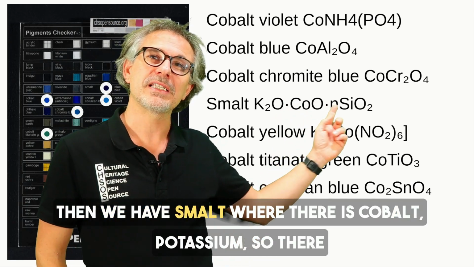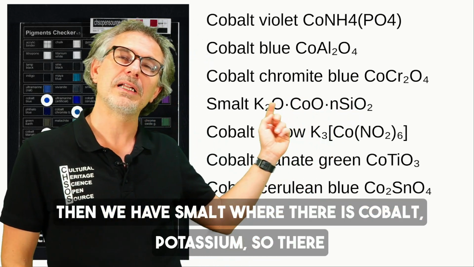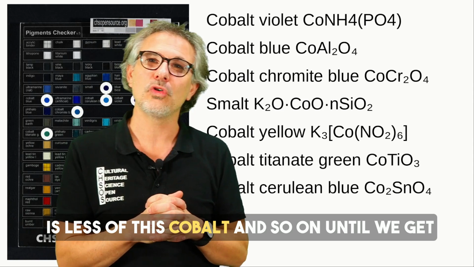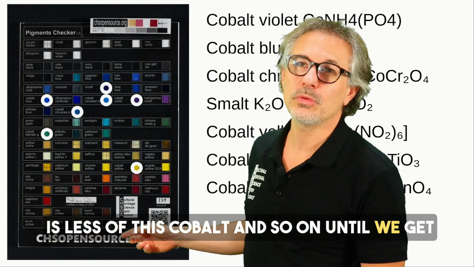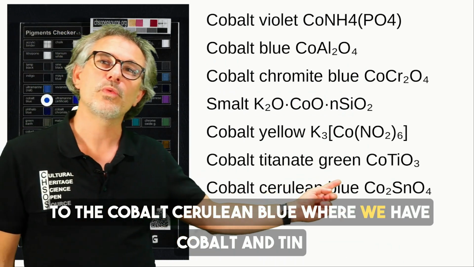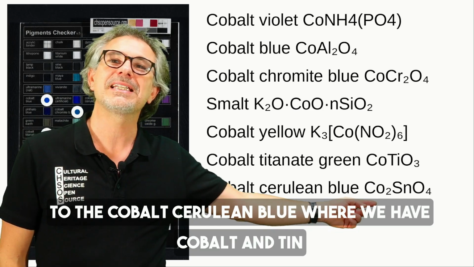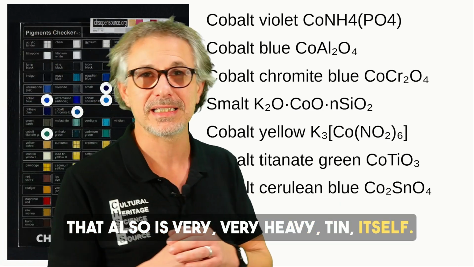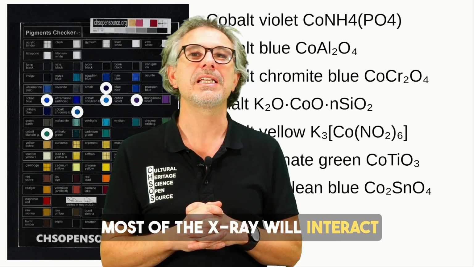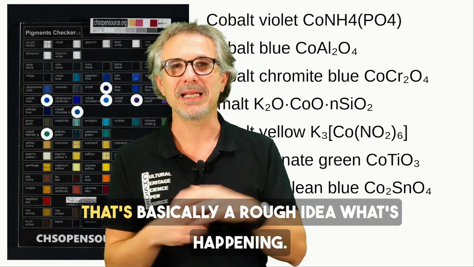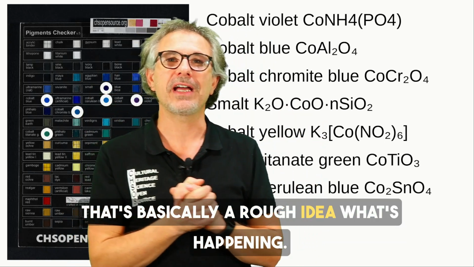Then we have smalt, where there is cobalt and potassium, so there is less of this cobalt, and so on until we get to the cobalt cerulean blue, where we have cobalt and tin, that also is very, very heavy, tin itself. Most of the X-ray will interact with the tin and less with the cobalt. That's basically a rough idea of what's happening.